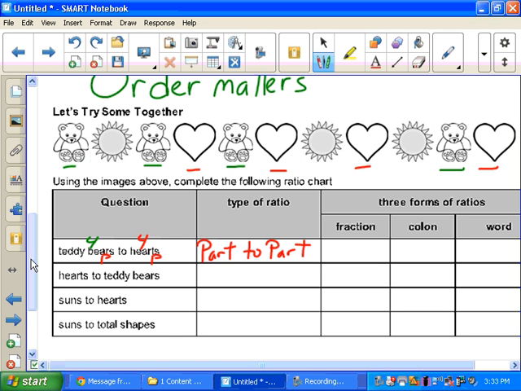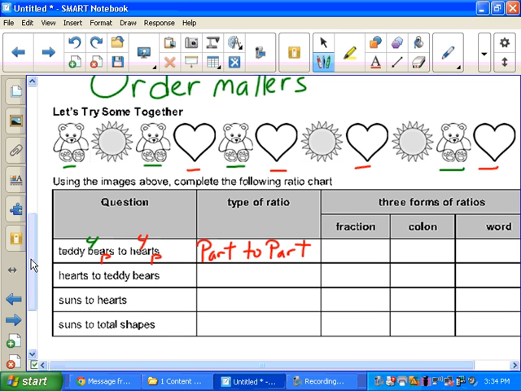And then I can write that in fraction, colon, and word form. Just like any other fraction, I can simplify them, and I should simplify them. But I'm not going to simplify it to an integer because it has to have two numbers, because the ratio definition states it's a comparison of two numbers.